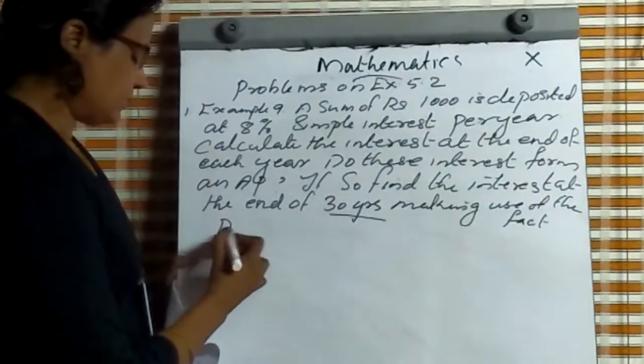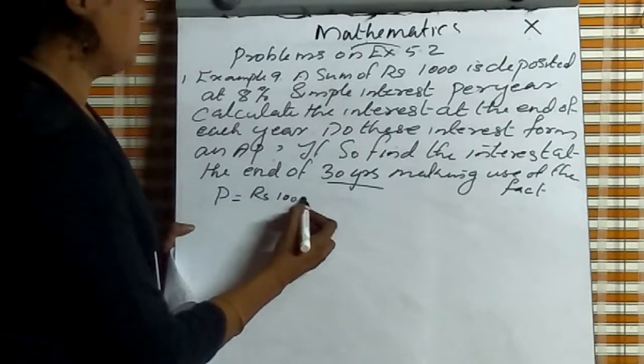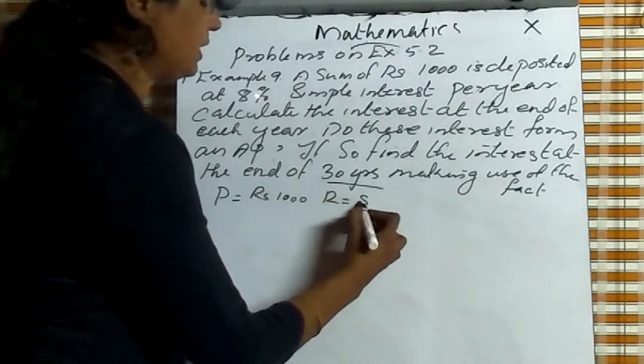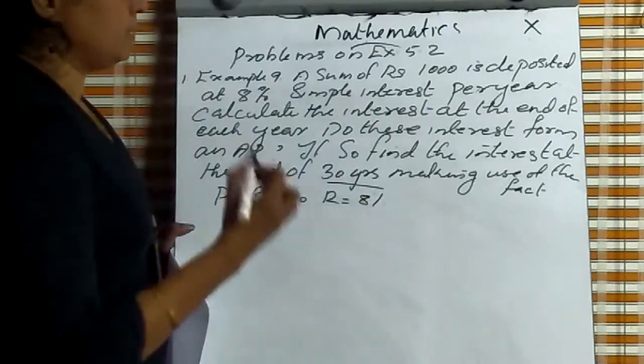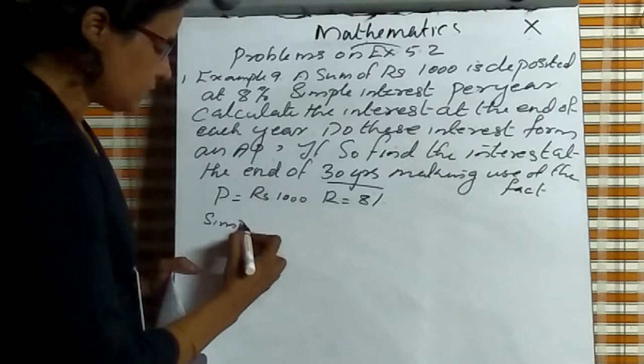A sum of rupees, here the principal amount is rupees 1000, deposited at a rate of interest 8% simple interest per year. We have to calculate the simple interest.